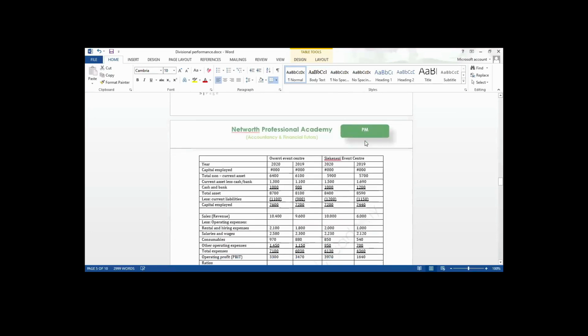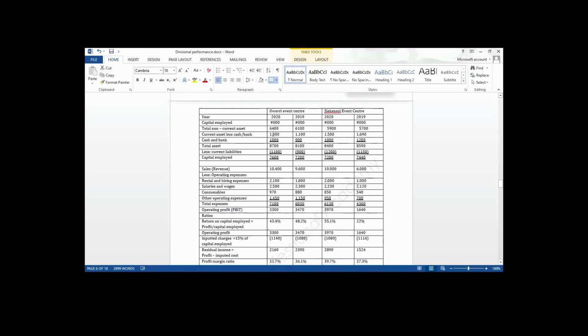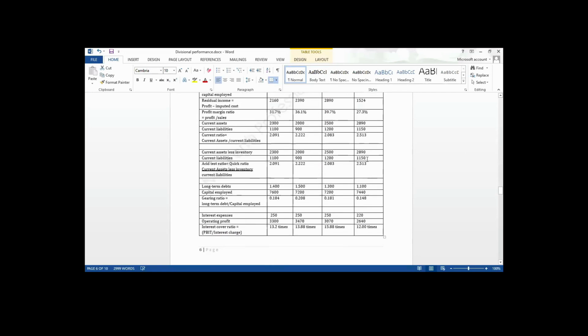Your capital employed figure as computed, pick it. Now, 1,400 divided by 7,600 multiplied by 100. What do you have? 18.4.